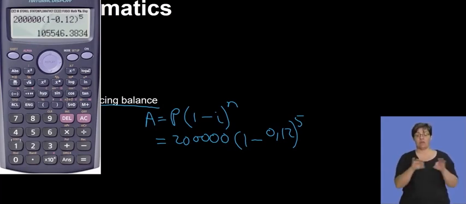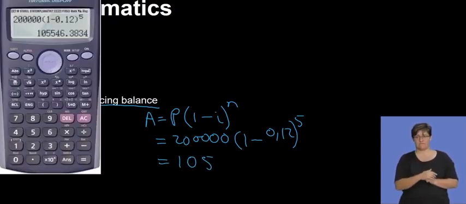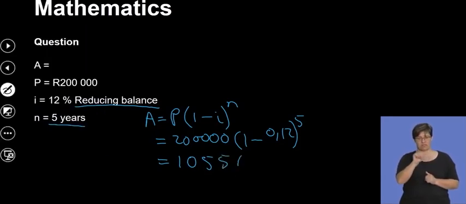And then the value after 5 years is going to be 105,546. Let's just verify the values: 546 rands, and a couple of cents there. So you will then conclude, therefore, the value of the vehicle will then be.